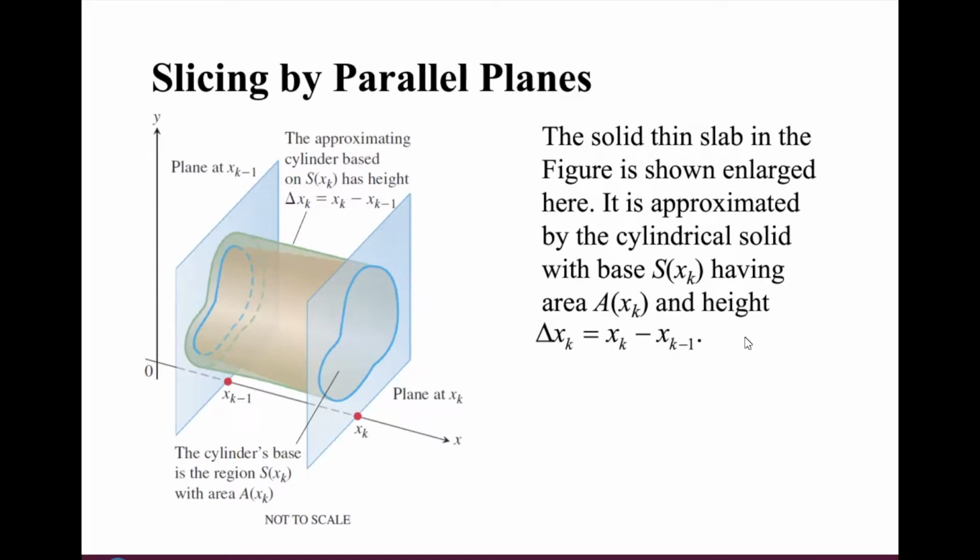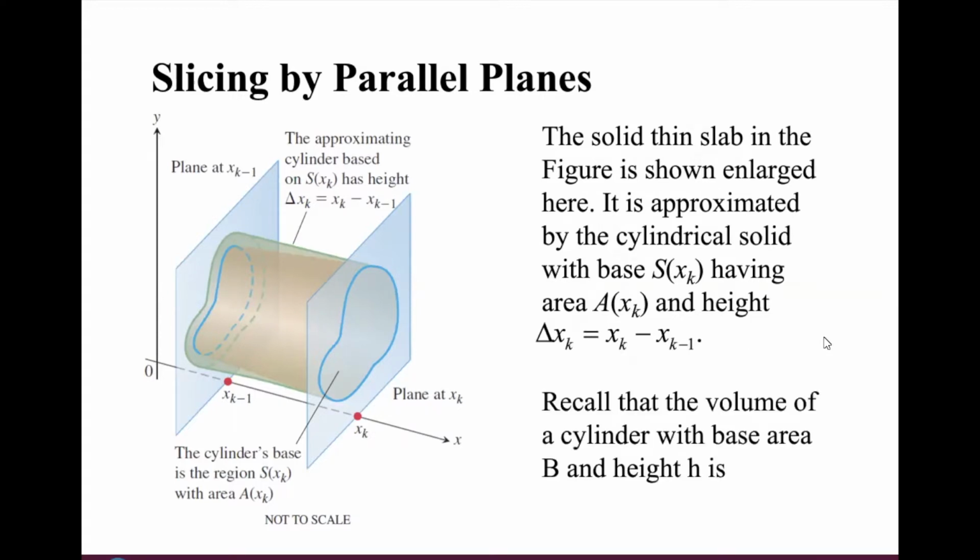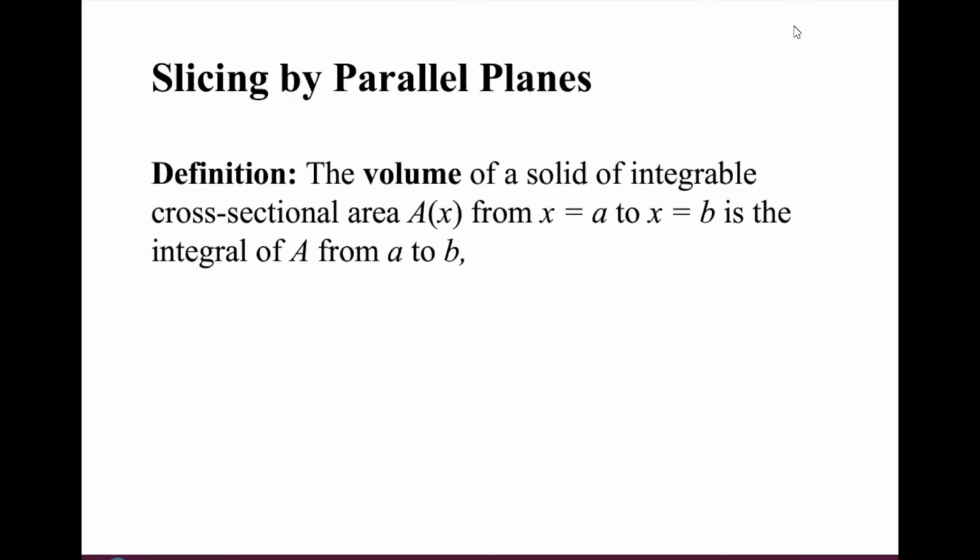And at this point, it's helpful to remind you that the volume of a cylinder with a base area B and height H is equal to B times H. So in this case, the volume of this thin slab is going to have a base A of X and a height of delta X. All right, so we will define the volume of a solid of integrable cross-section area A of X from X equals A to X equals B as the integral of A from A to B, which you see here.